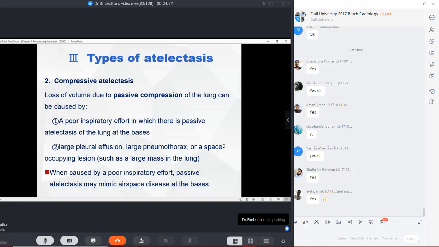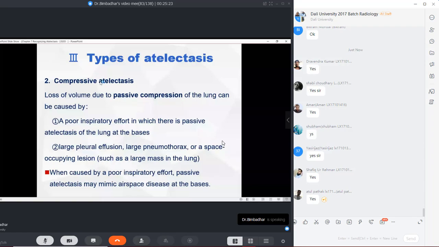Compressive atelectasis is the loss of volume due to passive compression of the lung. Passive compression of the lung can be caused by a poor inspiratory effort, where there is passive atelectasis of the lungs at the bases. Large pleural effusions, large pneumothoraces, or space-occupying lesions such as a large mass inside the lung will eventually cause compressive atelectasis.